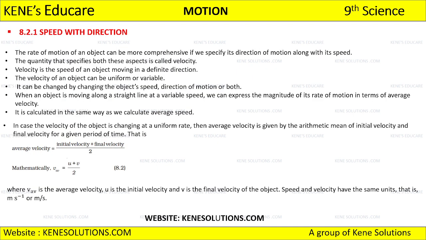After this, we discussed speed with direction. We didn't discuss it earlier, so we need to discuss it today. The rate of motion of an object can be more comprehensive if we specify its direction of motion along with its speed.